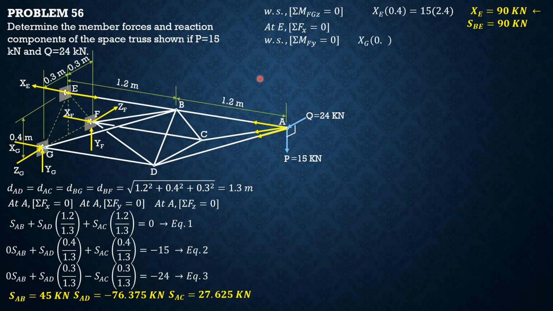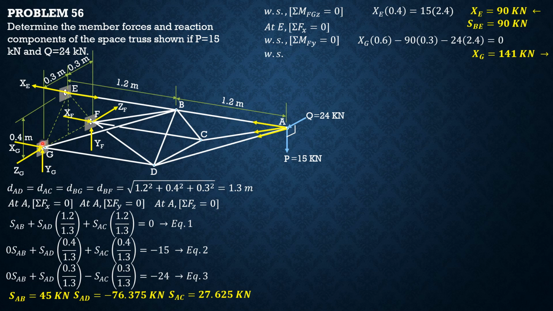So XG times 0.6 minus 90 times 0.3 minus 24 times 2.4 equals 0. Take note, this is the axis. So X sub G is equal to 141 kilonewtons rightward.